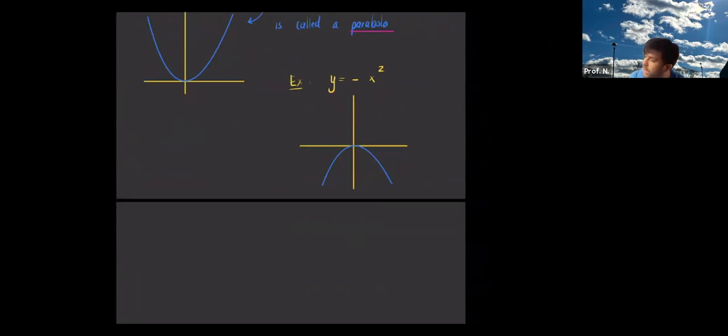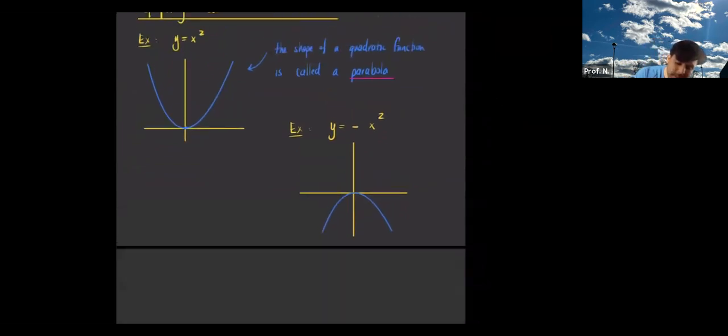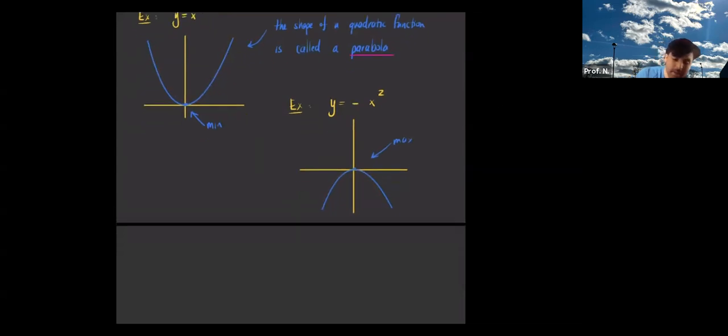So we do that by looking at, what is it? So either it can have a max or a min, right? So this has a minimum and this has a maximum. This one here kind of looks like a valley. This one here looks kind of like a little hill. So how do we determine whether it's a max or a min?